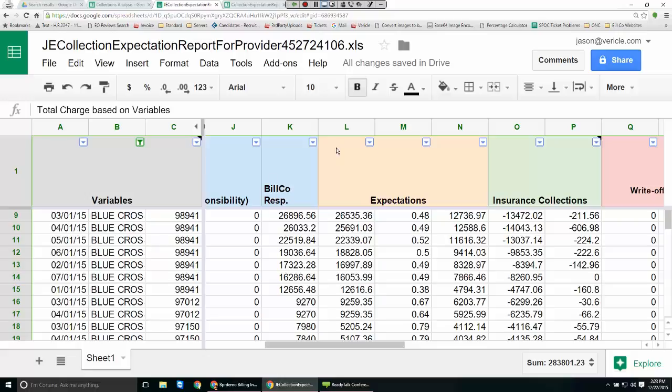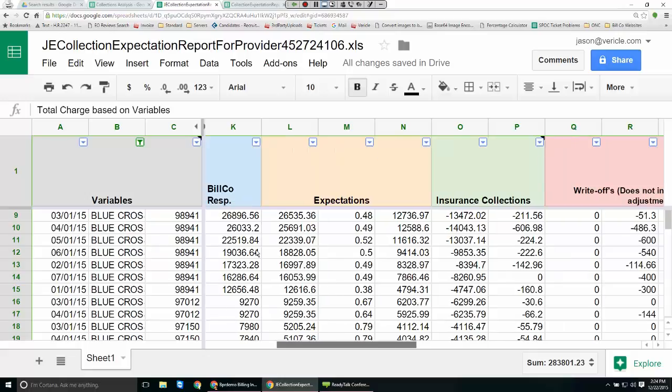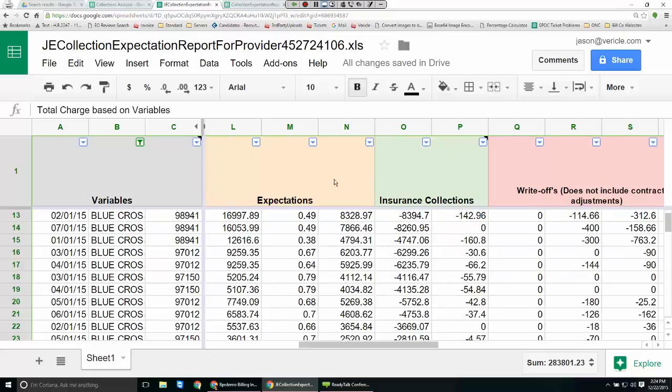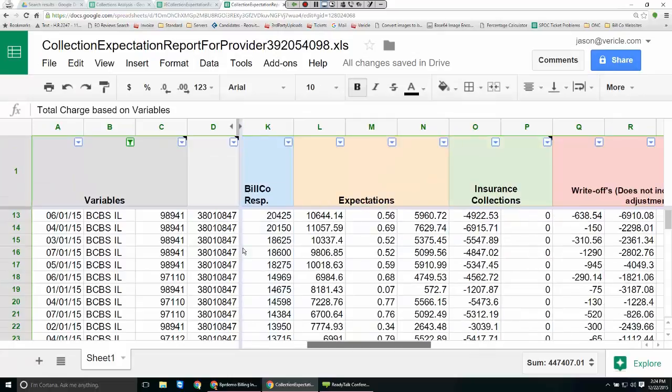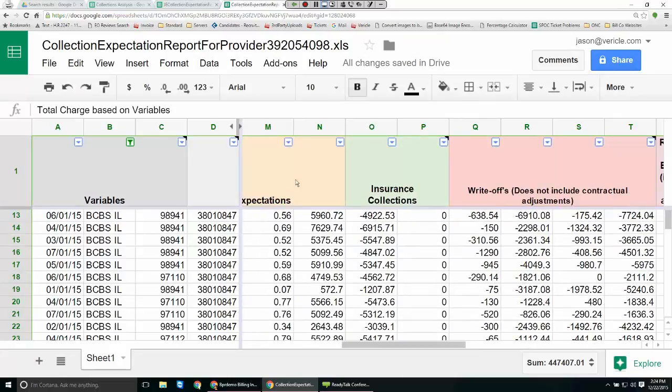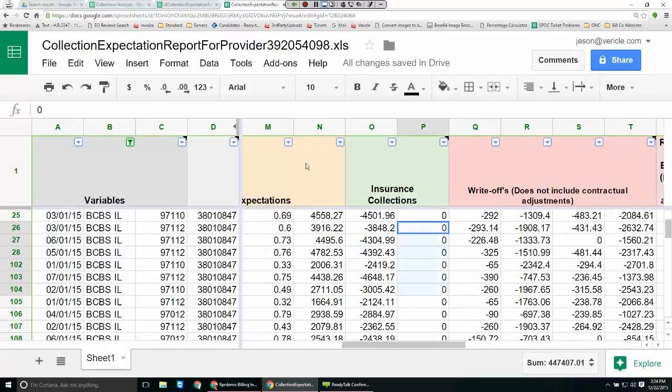So in this particular situation, we were able to point out that his colleague was missing out on some reimbursements in a number of different areas where he had absolutely no money coming in. He was getting paid on 100% of his Blue Cross Blue Shield visits, the allowed amount.